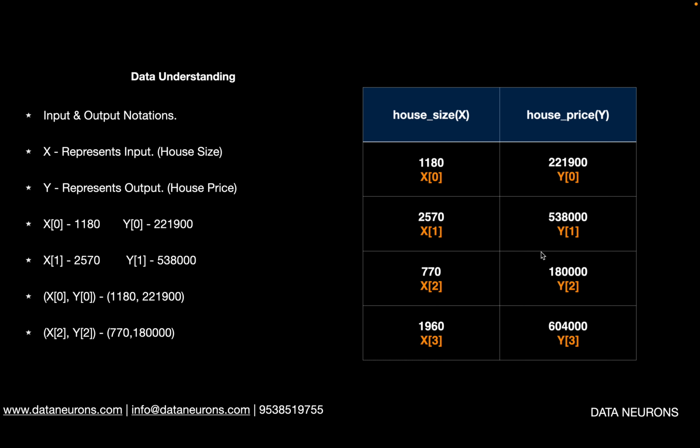These are some different notations. For example, X of 0 represents 1180, Y of 0 represents $221,000. This is in square feet, this is in dollar amount. So this is one training row, this is the entire X column, and this is the entire Y column.